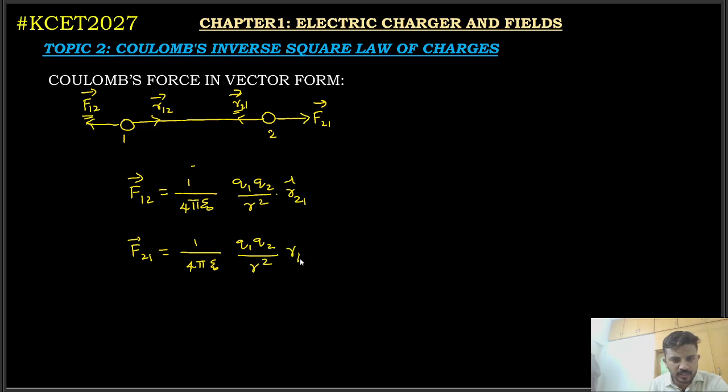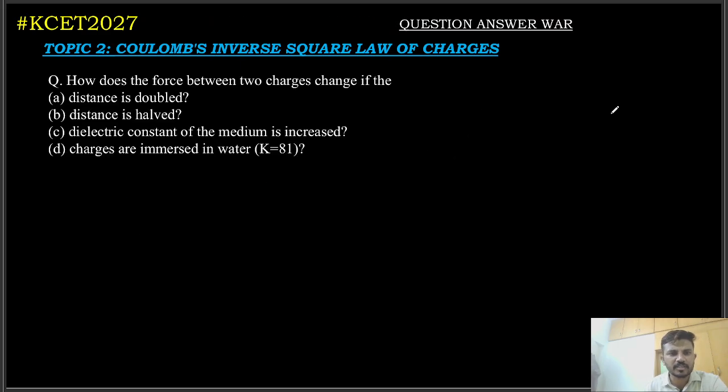It is in the direction of r12. Look at this, F21 is in the direction of r12. This is a simple way to write the Coulomb force in vector form. We have one more standard way also, that is by taking it in the displacement vector position, in the three-dimensional concept. We'll discuss that in the NEET level concept.